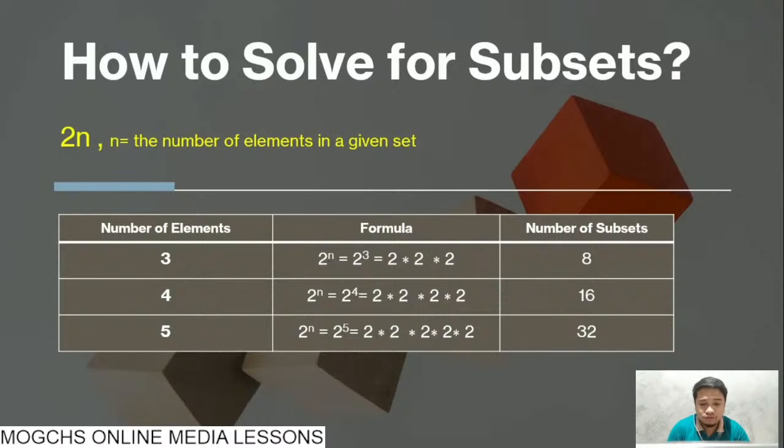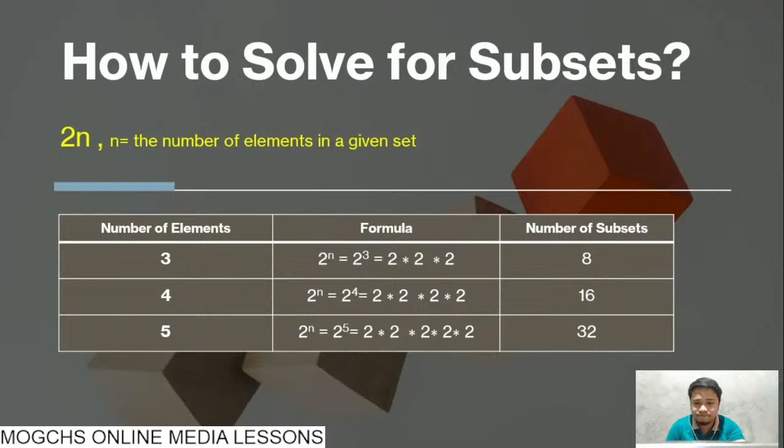So, 2 times 2 times 2 times 2 is 16. If the number of elements is 5, we have 2 to the power of 5, which is 2 times 2 times 2 times 2 times 2. That is equivalent to 32. So, that is how to solve using the subsets formula.